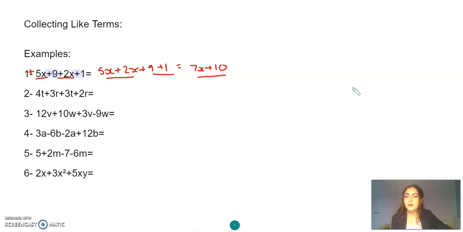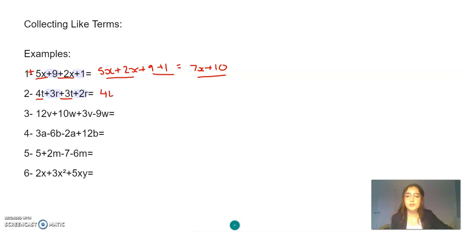So the next example, we have 4t plus 3r plus 3t plus 2r. So let's underline our t's. Positive 4t plus positive 3t. Now we'll switch colours. Positive 3r plus positive 2r. So let's rewrite.